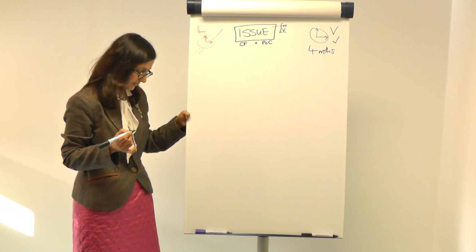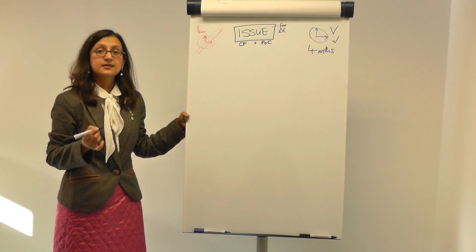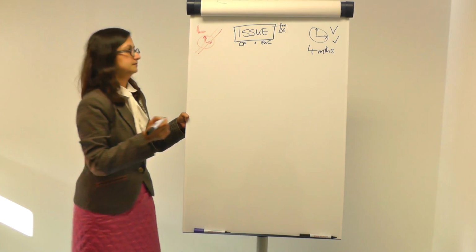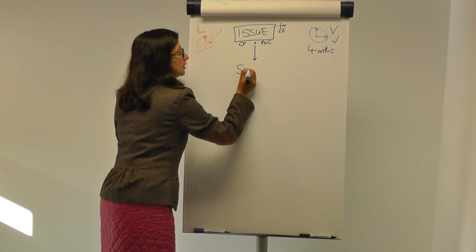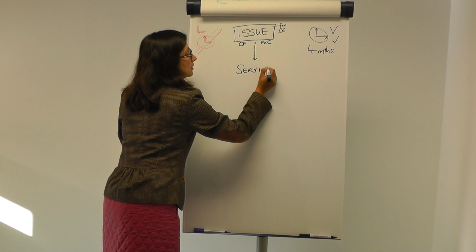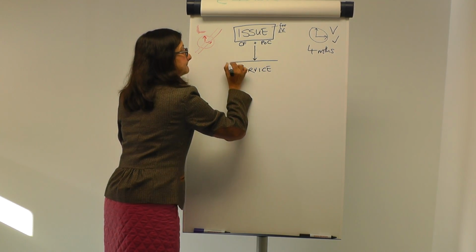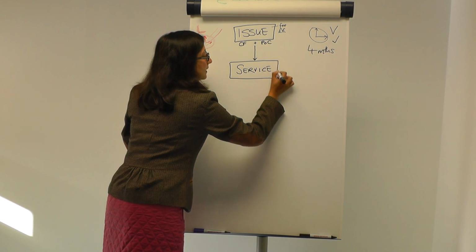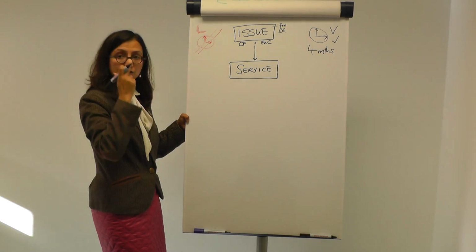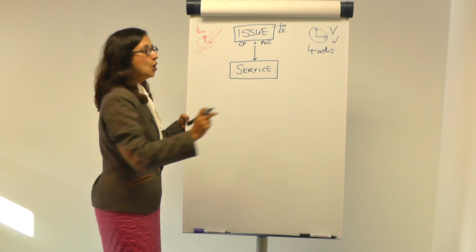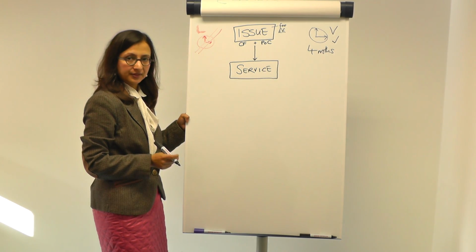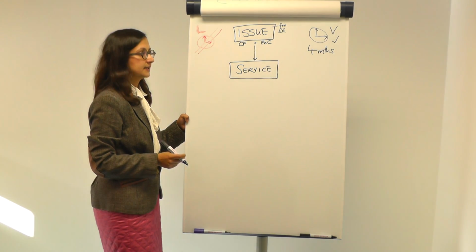And we can put a little tick next to it because that clock has now been activated. Okay. The next step is service. So we draw an arrow down to service. Now what needs to happen is not that the claim form is actually served on the last day of the 4th month of the validity.